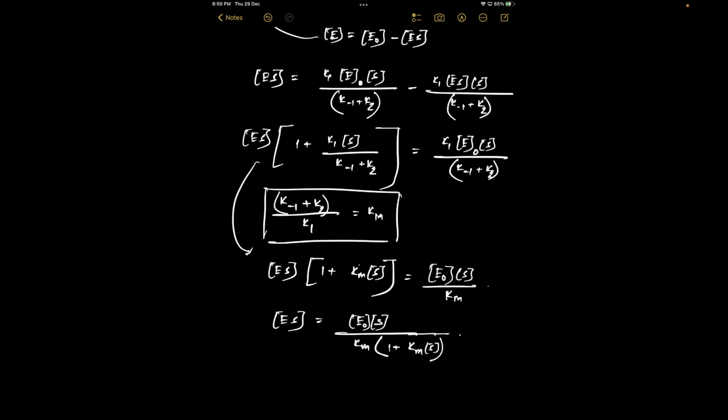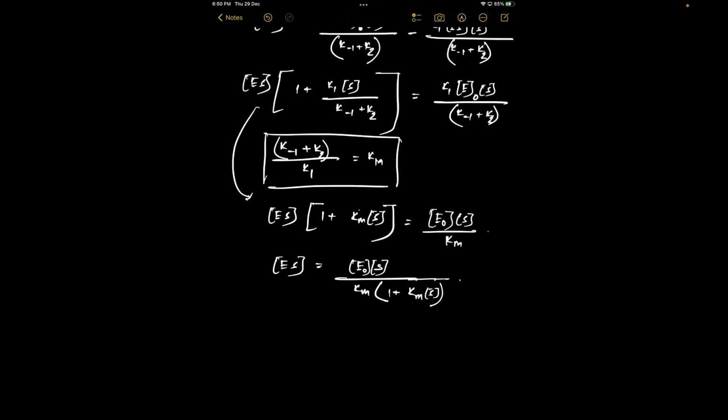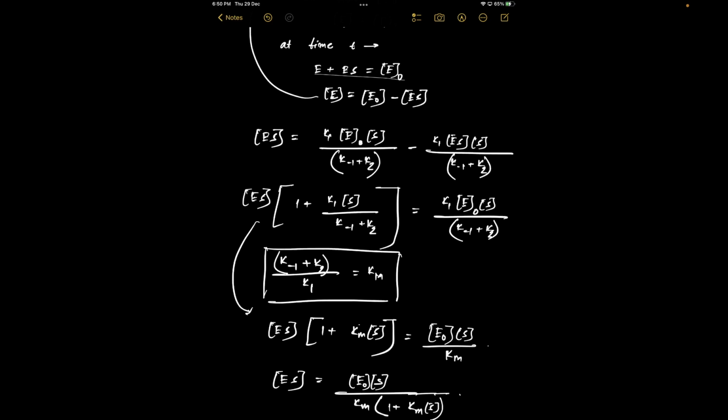Let me just check once. Sir, please check for K2. Yeah, K2 will be just K2 times ES. E equal to E0 minus ES, that is correct.